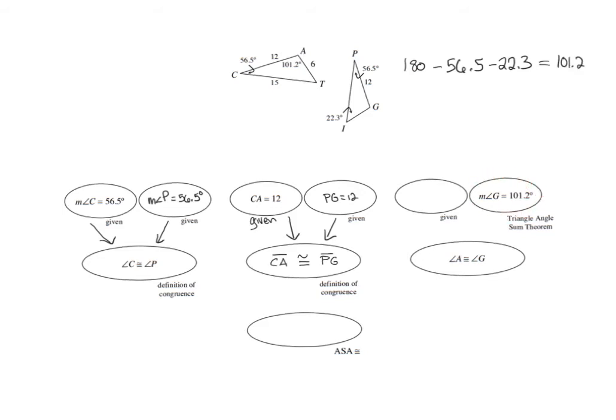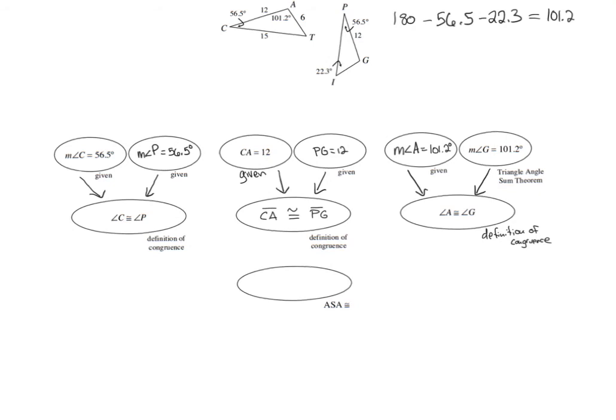That's handy because looking at our other triangle, the measure of angle A is also 101.2 degrees. So I'm going to put that in this bubble because I then will be able to say that angle A is congruent to angle G. And once again, even though we've used it a lot already, we still have to say that's because of the definition of congruence.